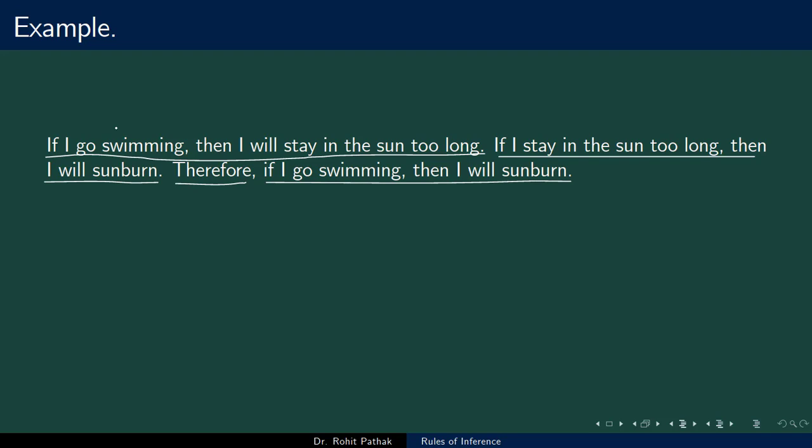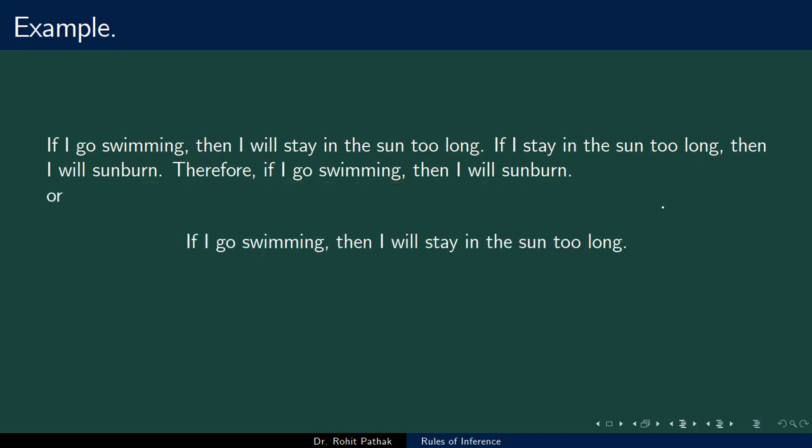So we have a set of premises, or set of compound propositions, followed by a conclusion. Whatever is there after this therefore is called the conclusion. This may also be written like this. You may be given an argument like this: if I go swimming, then I will stay in the sun too long.